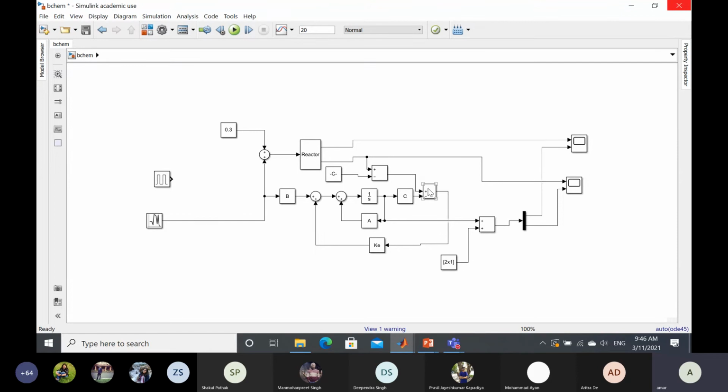So y minus y bar will be given here, which will be multiplied with Ke, and then added with B into u. So finally here you will have A x plus B u plus Ke into y minus y bar. Okay. Is it clear? Yes, sir.